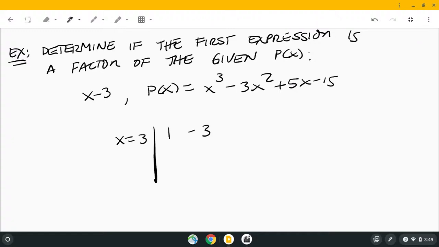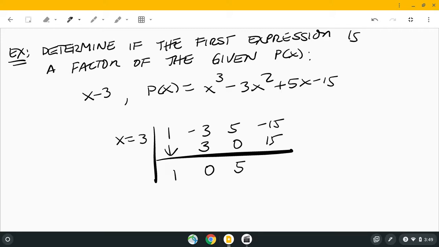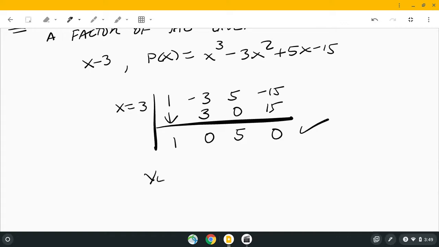1, negative 3, 5, negative 15. We do our synthetic division here. We get 3, that's 0, that's 0, that's 5. 5 times 3 is 15, that's 0. So we get 0 remainder here, so our answer is yes, x minus 3 is a factor of p of x.